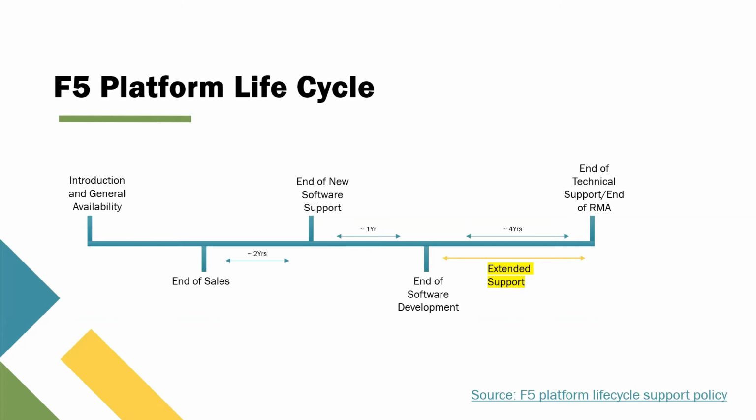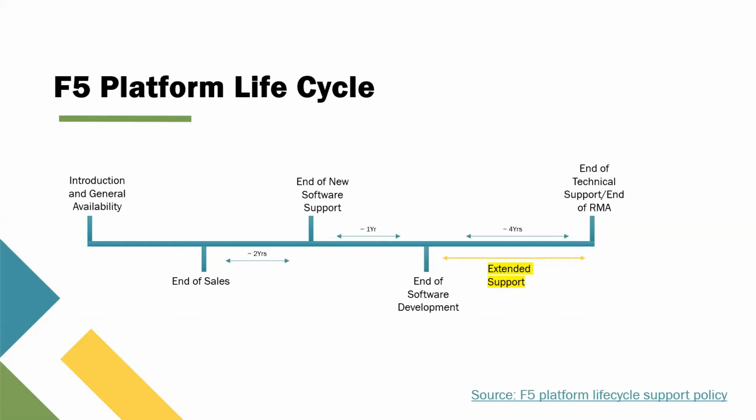So the next phase comes right after 2 years when the end of sale is hit. After 2 years, it gets into the end of new software support. This piece is very important to know. What does end of new software support mean?